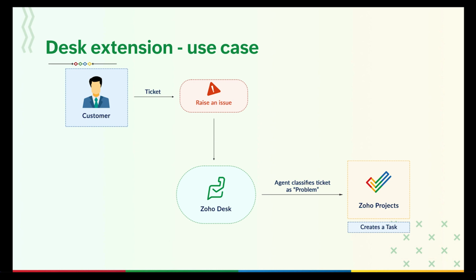So we are capturing that event change in the ticket, that is, the ticket being classified as a problem, and then trigger a task creation for that particular ticket in Zoho Projects. With the task being created, the development team will find it easy to track the issue and allocate resources to resolve the issue.